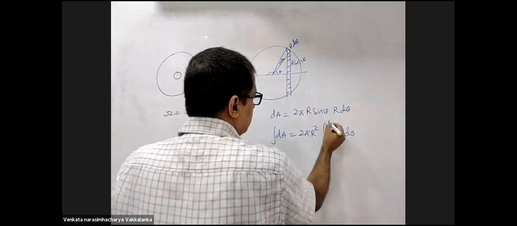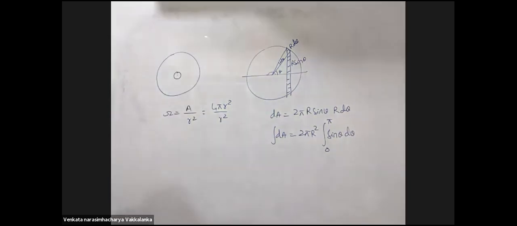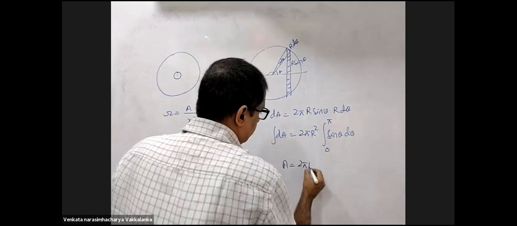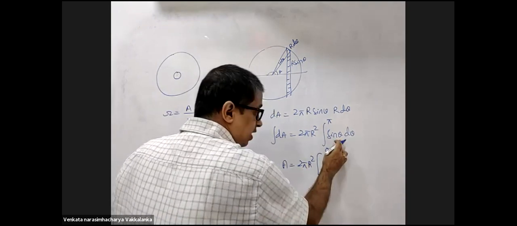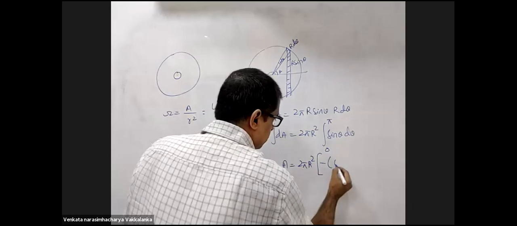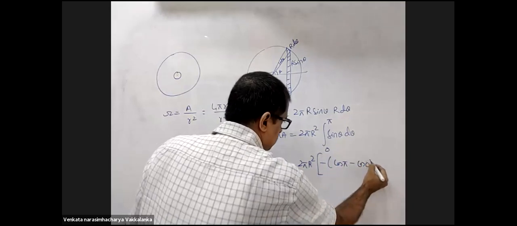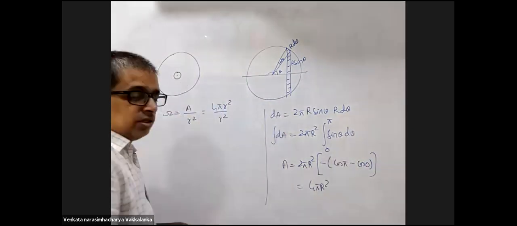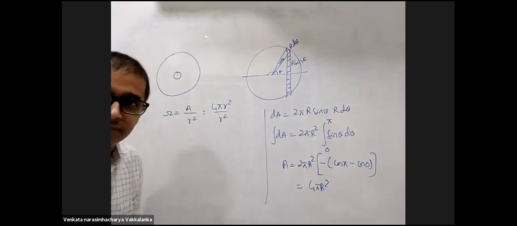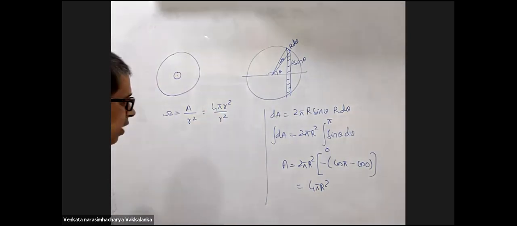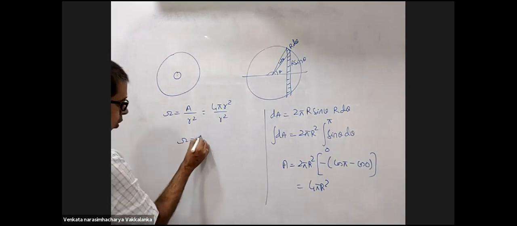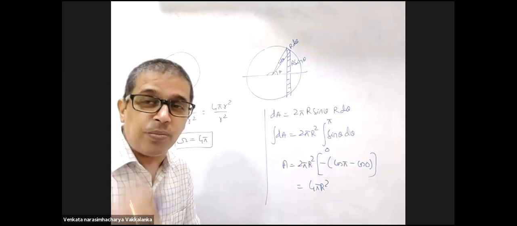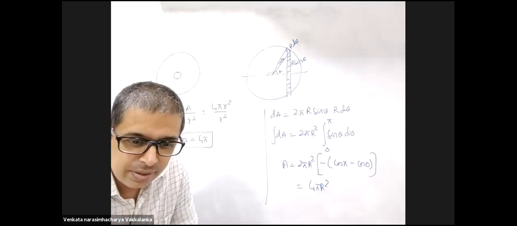The least value of theta is 0, the maximum value of theta is pi. 2 pi r square times the integral of sine theta, which is minus cos theta, from cos pi minus cos 0. That gives 4 pi r square. Here we did not use the concept of solid angle anywhere. So 4 pi r square you substitute here, and you will get the solid angle subtended inside a solid sphere is 4 pi. Right?